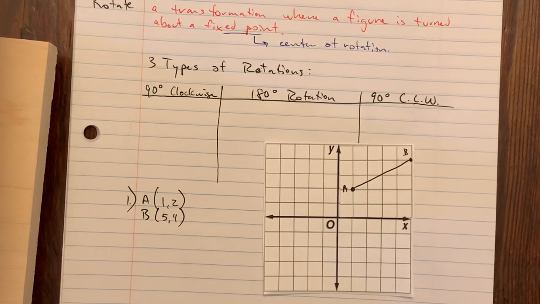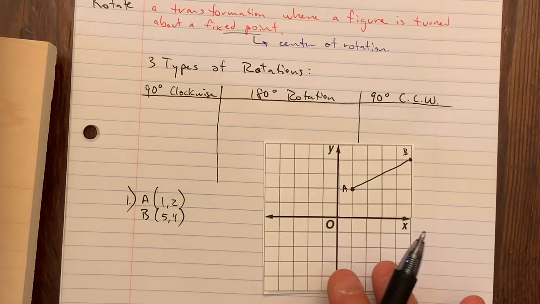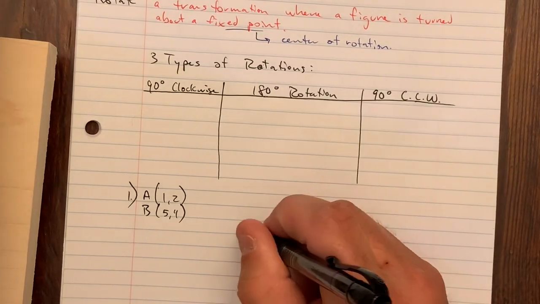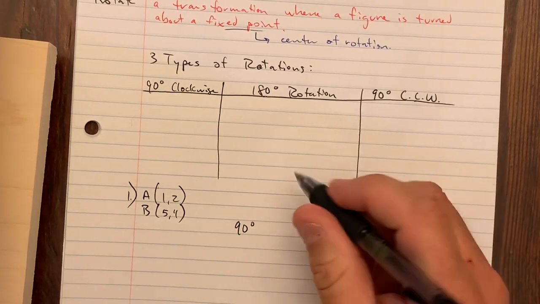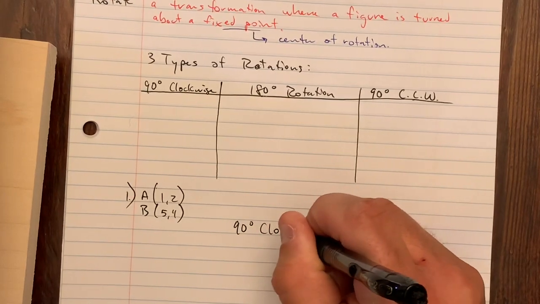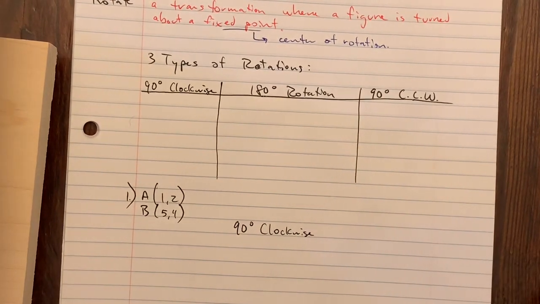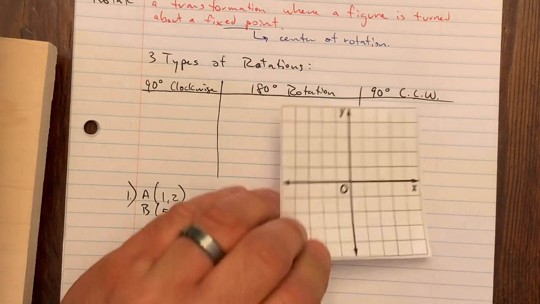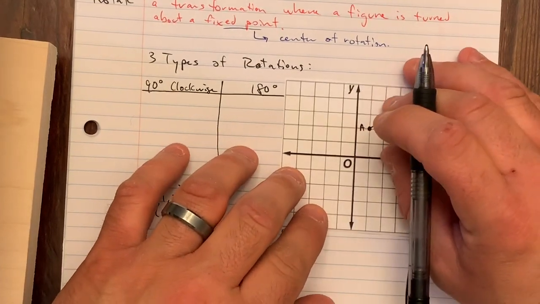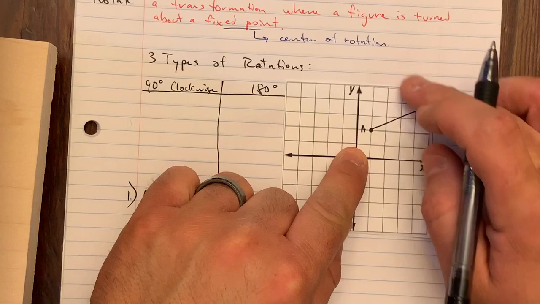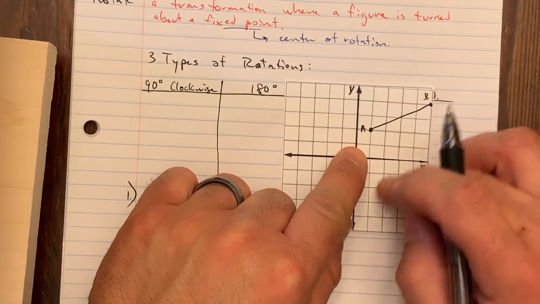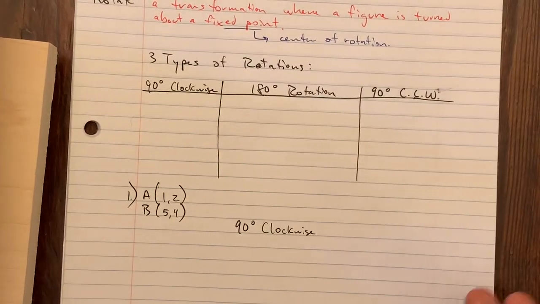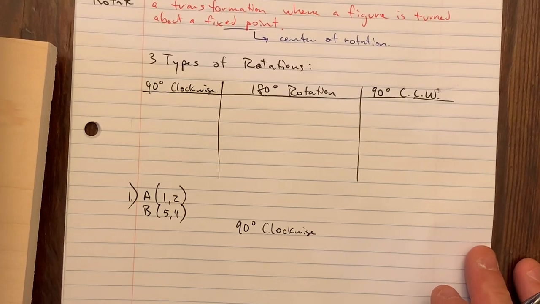All right, so on this example, let's say we're going to do a 90-degree clockwise rotation. That tells me I want to rotate this from here down to here, since it's a clockwise rotation. Here are the rules that we need to follow.